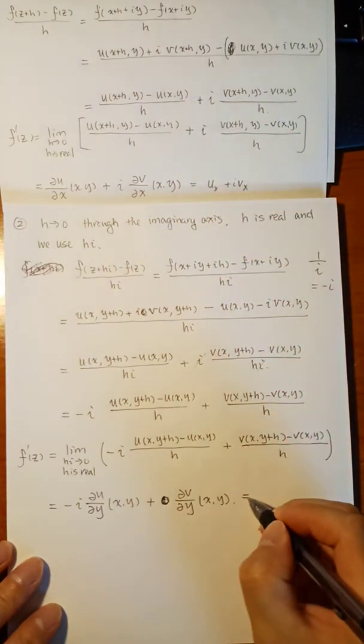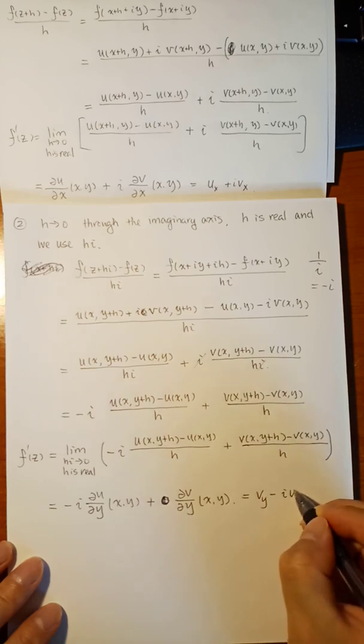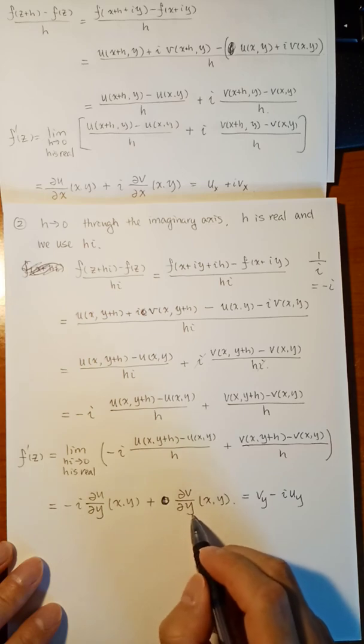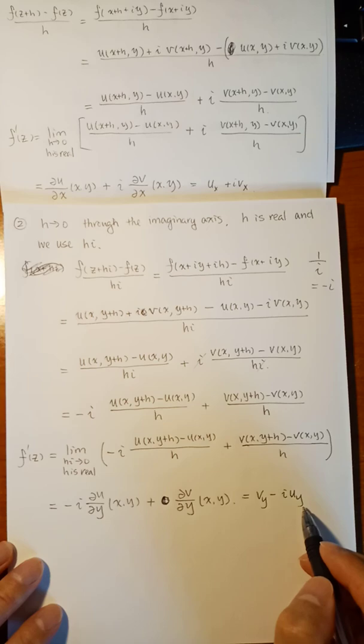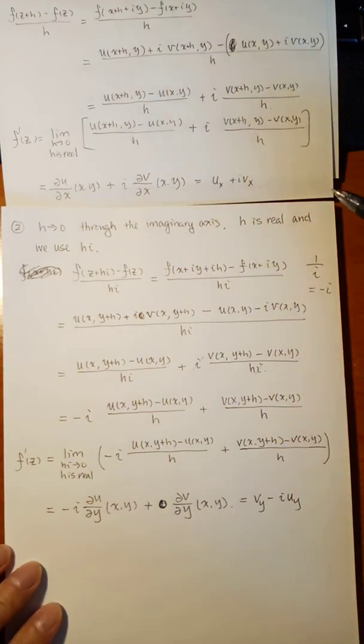So let's write it. This is v sub y, the partial derivative with respect to y, minus i u sub y. So you compare them. This is ux plus i vx. This is vy minus i uy.